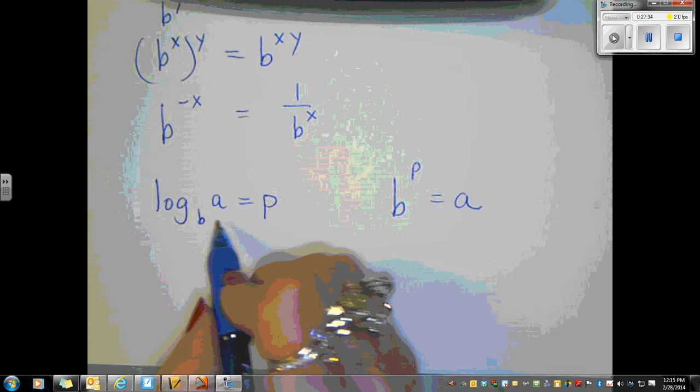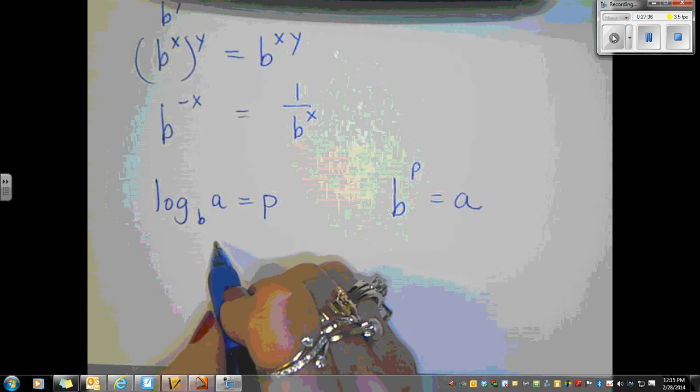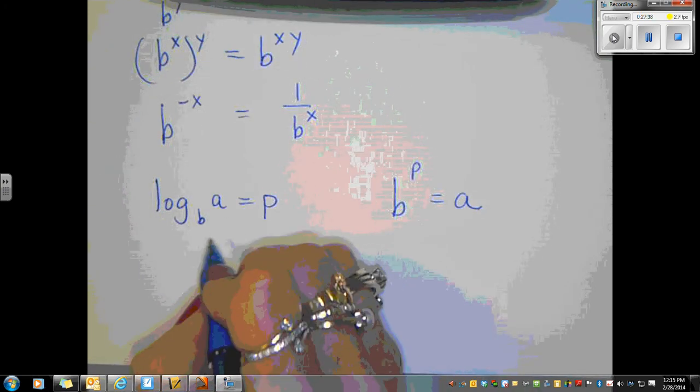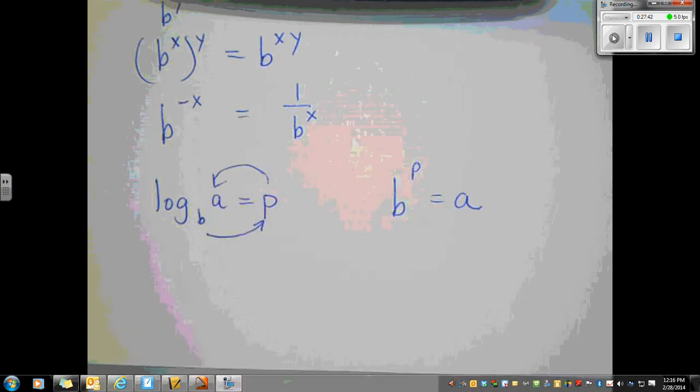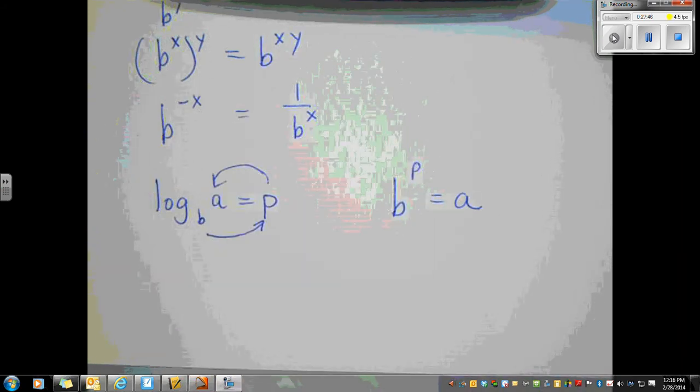This, if you think about it, I don't know who teaches this, but there's somebody around here who teaches this. B raised to this power gives me this answer. It's a circle. Okay? I mean, that's how I taught it when I taught Algebra 2, but that's a long time ago.